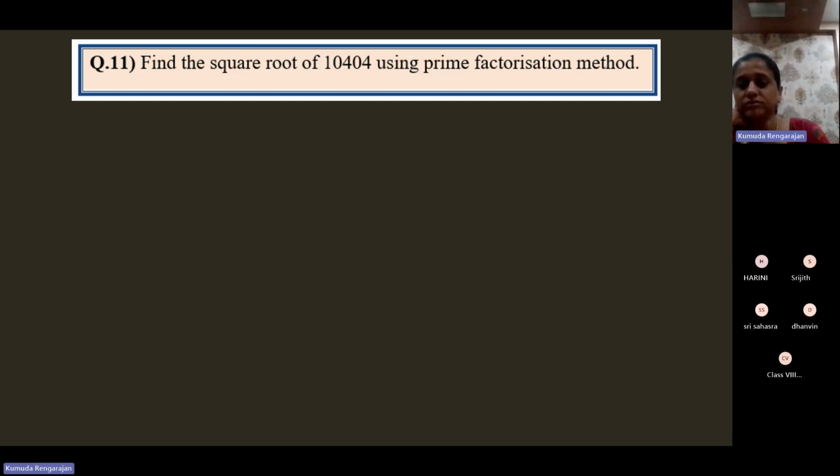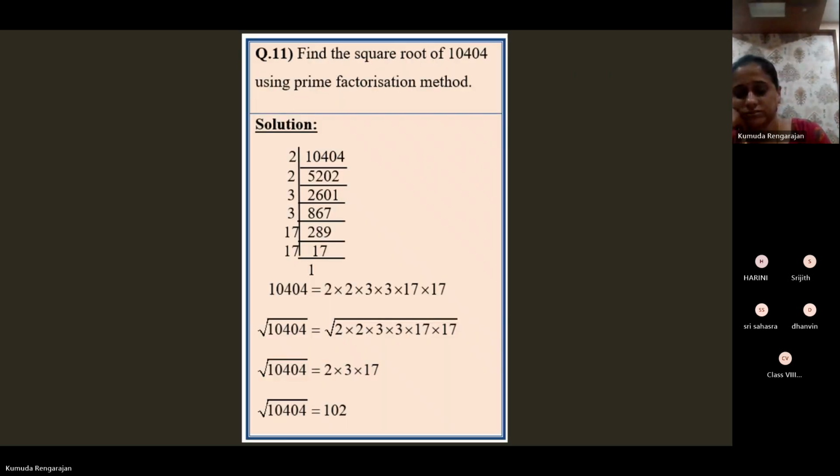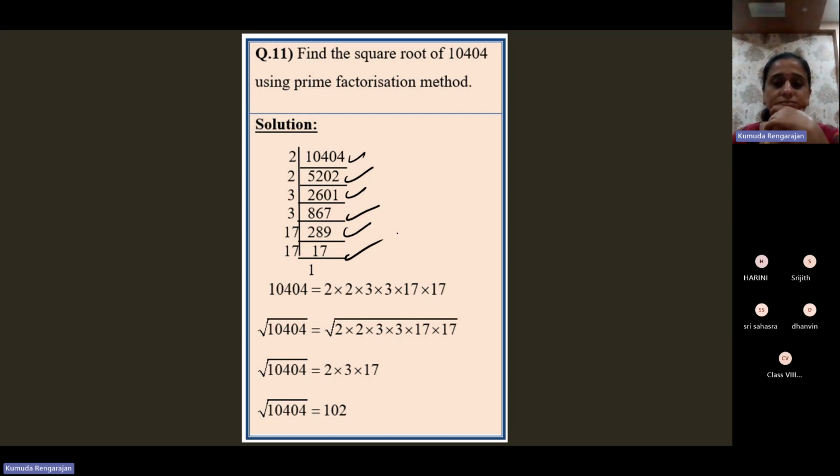What's the answer for this one? You're able to divide the number by 2 two times, 3 two times, and then 17 two times.